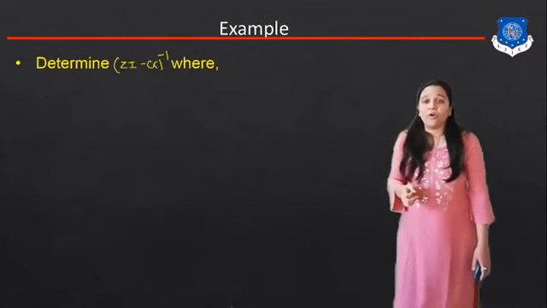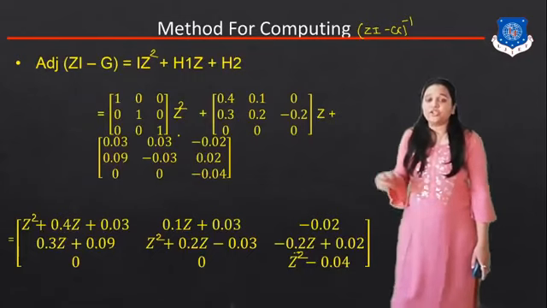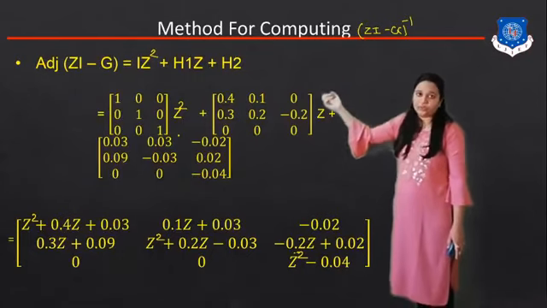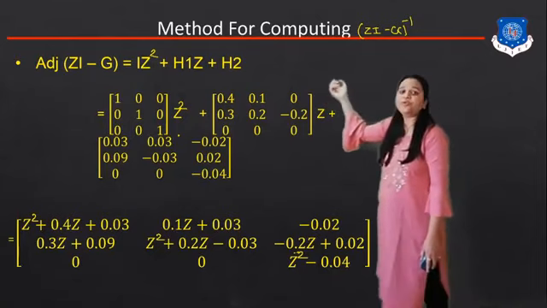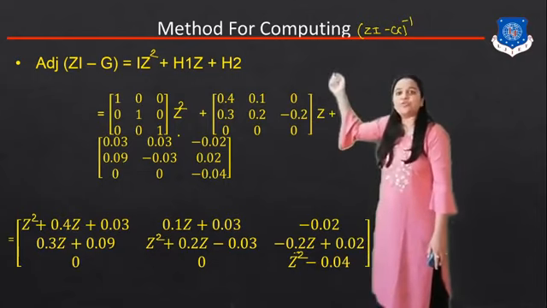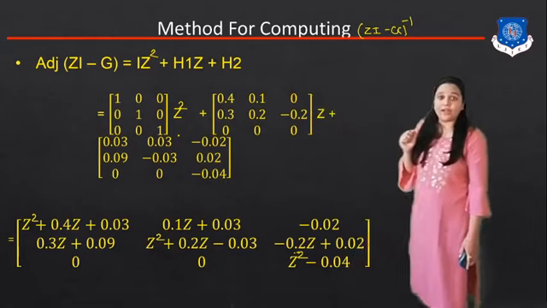So we can write the equation up to the last term. Here you can see that the value of H3 is 0, so we can put H2 into Z raised to 0 plus H1 into Z raised to 1 plus IZ square.